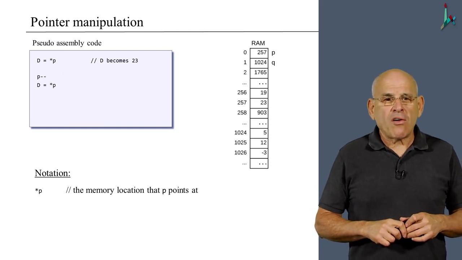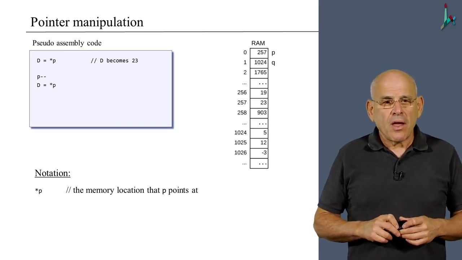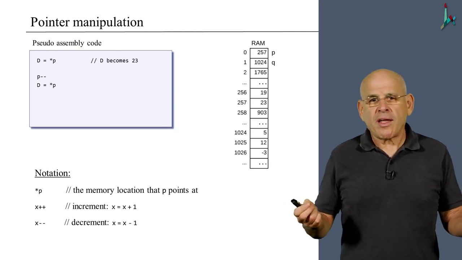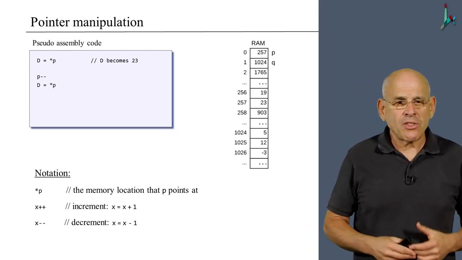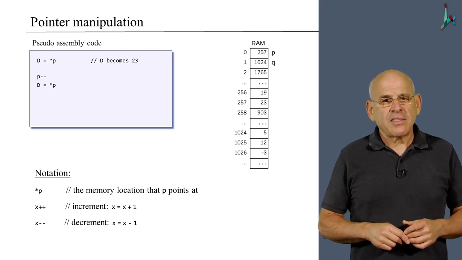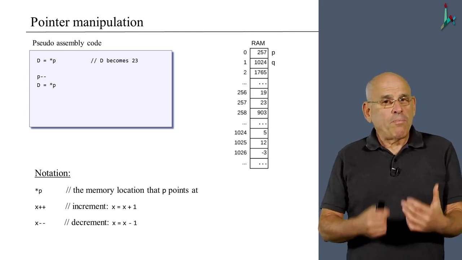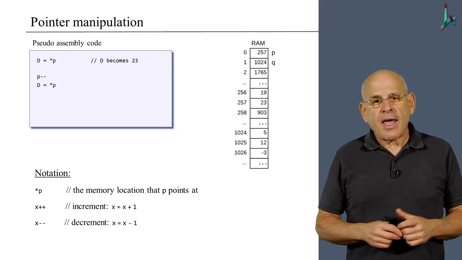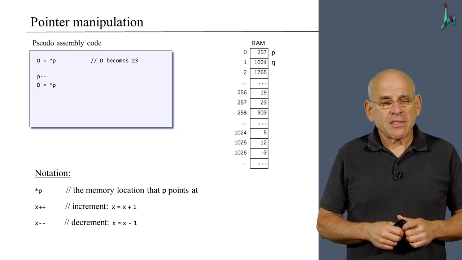What is the meaning of P-- and then D equals *P? Well, X-- is shorthand for X equals X minus 1, a decrement operation, and X++ is the same with increment operation. So if we do P--, we now treat P as a regular variable, and therefore RAM[0] will become 256.